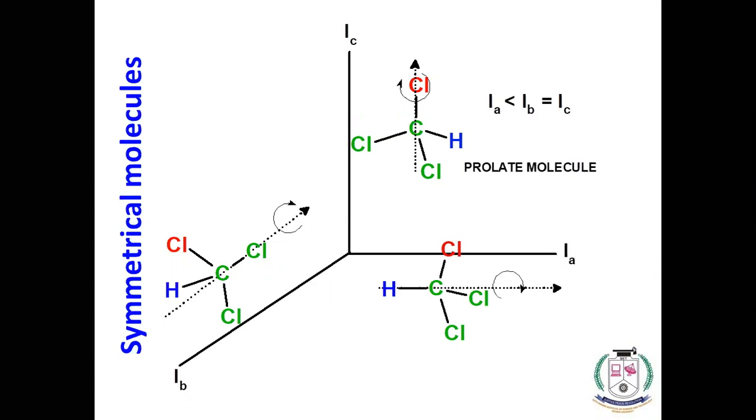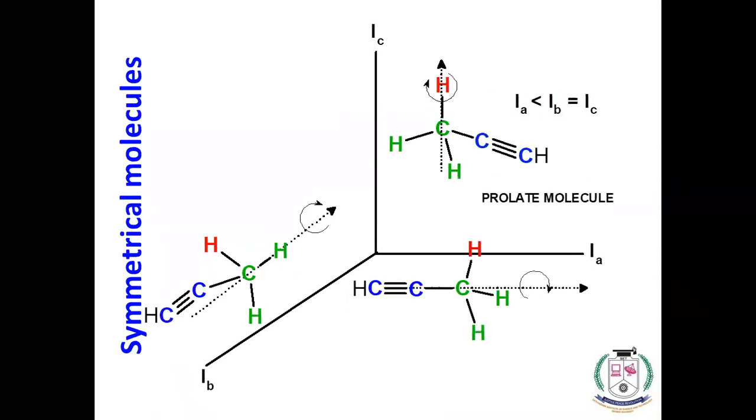You see that this is also prolate. And if you are replacing one hydrogen with an acetylenic group, that is C triple bond CH, we are removing one hydrogen and keeping methyl, that is methyl acetylene.